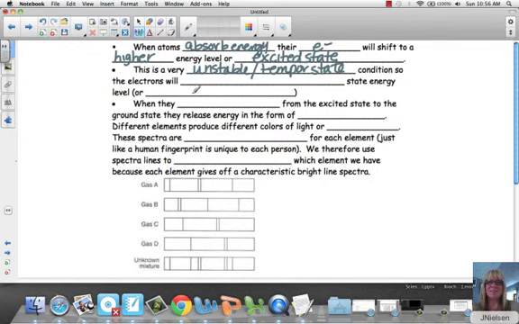So the electrons will fall back down to a lower energy level, or ground state.